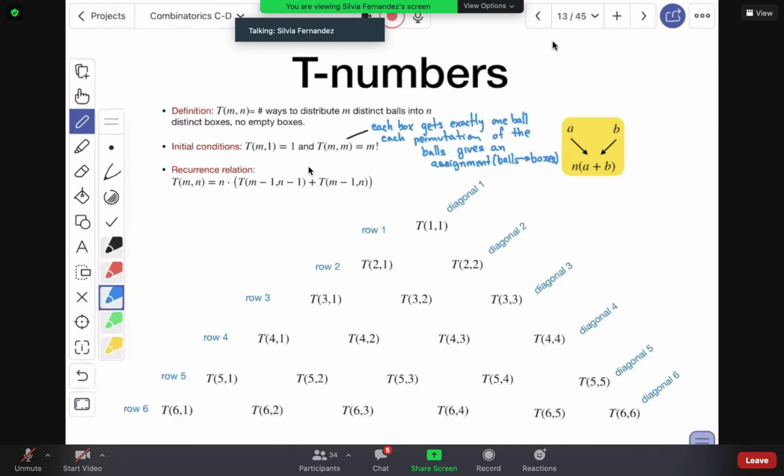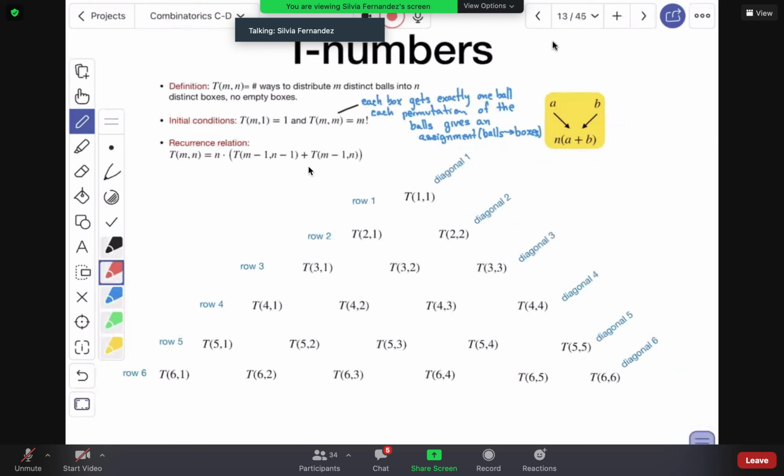Once I have my initial conditions, then I know these numbers. Look, for my Pascal triangle, this is a 1, this is a 1, 1, 1, 1, 1. This time around, these are factorials. So this is 2 factorial, which is 2. This is 3 factorial, that's 6. This is 4 factorial, that's 24. This is 5 factorial, that's 120. And this is 6 factorial, that's 720.